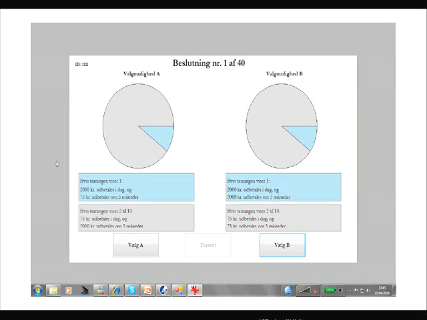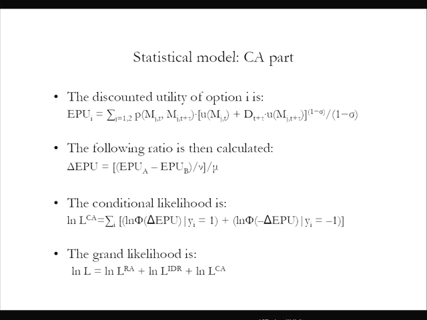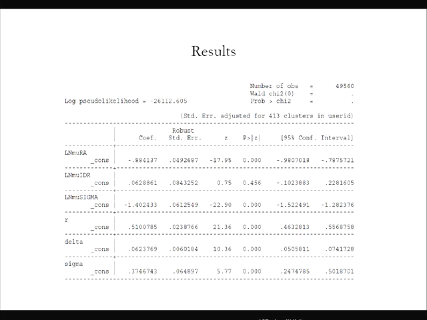And then we add all these three components to a grand likelihood and estimate the parameters. And what we find here is that this sigma parameter is 0.374 with a 95% confidence interval between 0.247 and 0.5. So we do find that people are correlation averse.